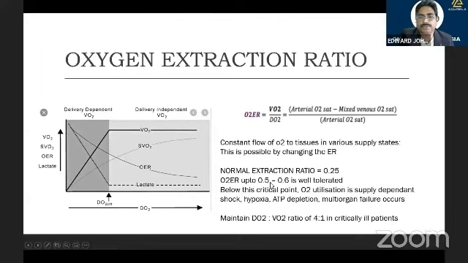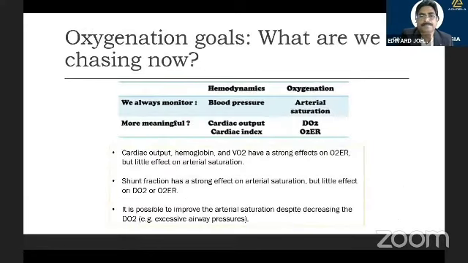Beyond that, extraction depends upon the oxygen delivery only. So, always maintain the oxygen delivery at 4 times the oxygen consumption. That is the concept. You have to maintain delivery at 4 times the oxygen consumption.